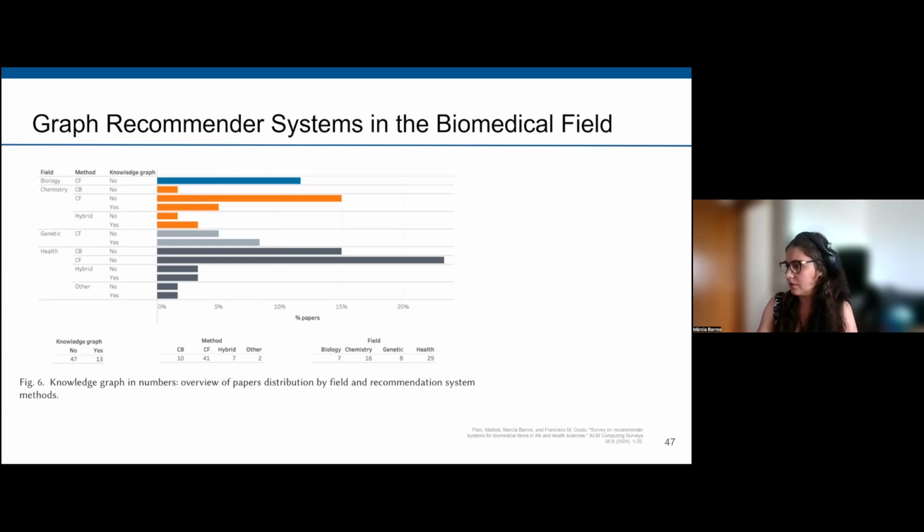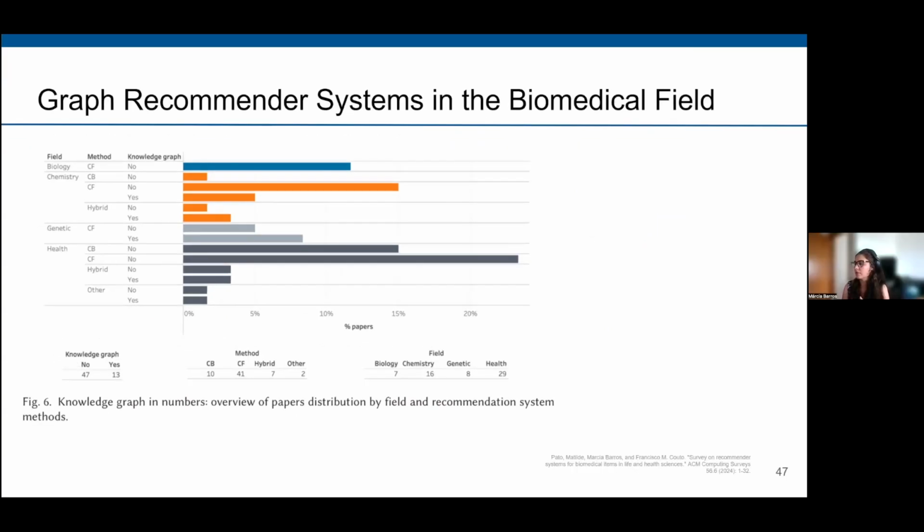Okay, this is a graph extracted from a survey on recommender systems for biomedical items and life and health sciences to show you that graph recommender systems are used in biomedical fields. So for example, in this graph, we can see that in the chemistry field, we have knowledge graphs.